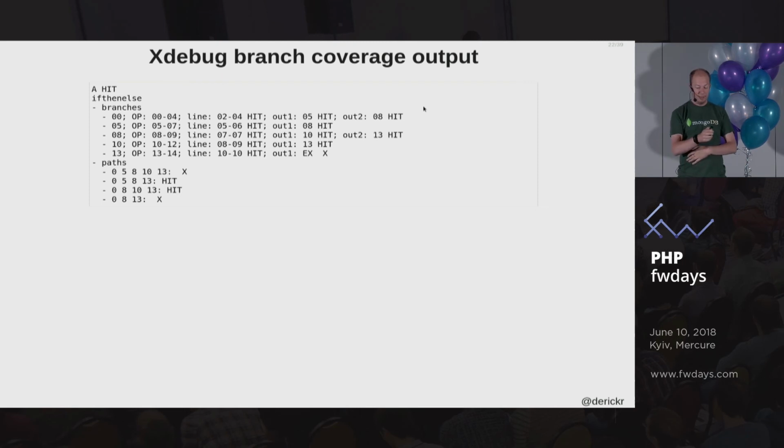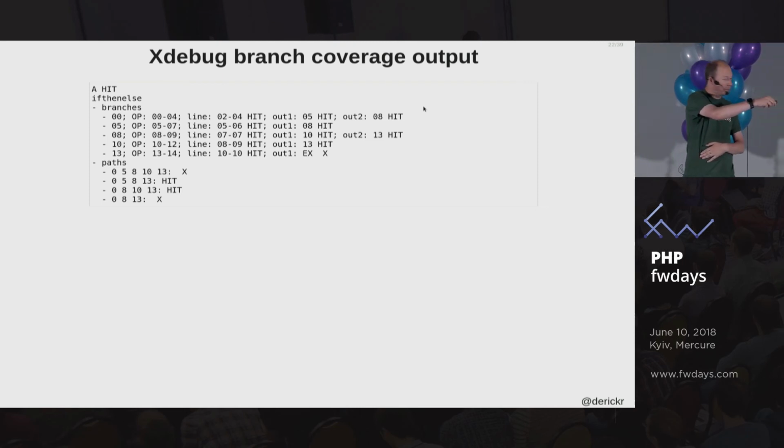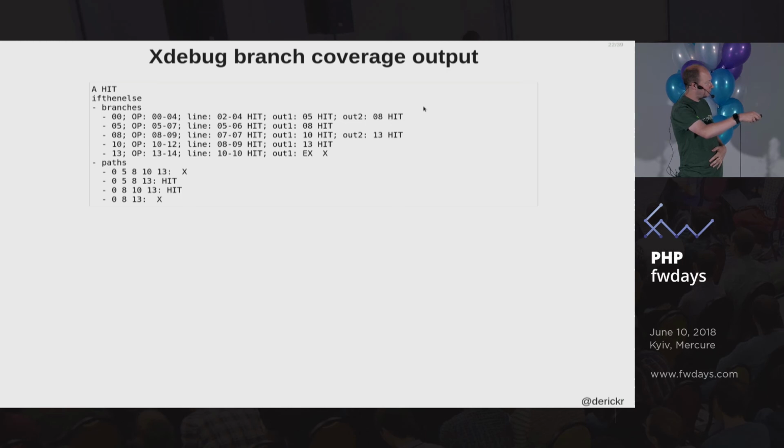In this case, what Xdebug says is that there are 4 paths, which correspond with A being true and B being true, A being false and B being true, A being true and B being false, and both of them being false. Those are the different options. And as you've seen, we've only run 2 tests. So it now nicely says that only 2 of the 4 paths have been hit, which tells you that you have only written about half of the tests you really should have.